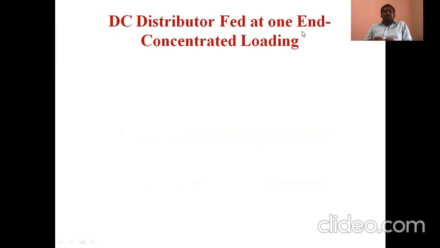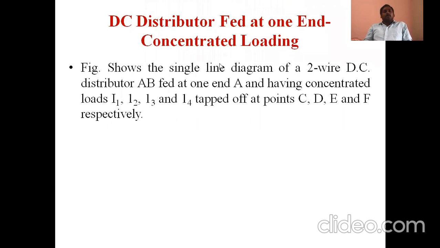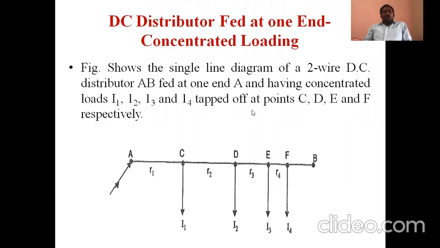Concentrated loading means the loads are concentrated at particular points of a distributor. So we will calculate the voltage drop at that particular point of concentration and the power loss at that point also. This figure shows a two-wire DC distribution.